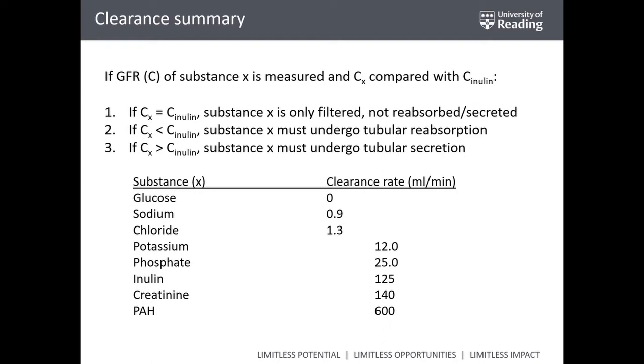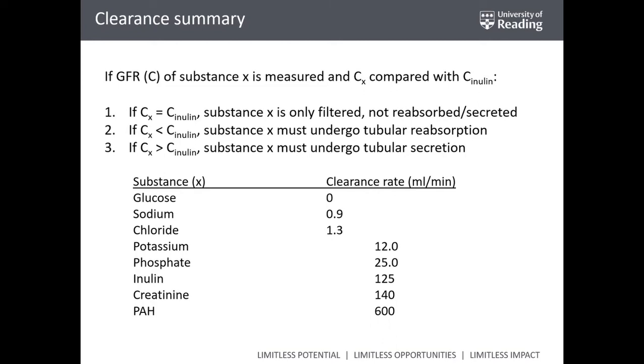So in summary, the clearance can be a good tool for estimating the glomerular filtration rate if we measure the clearance of a substance that is fully filtered, not reabsorbed, not secreted. So glucose is a very bad substance for measuring the glomerular filtration rate, because the clearance of glucose is 0 while it gets fully filtered.